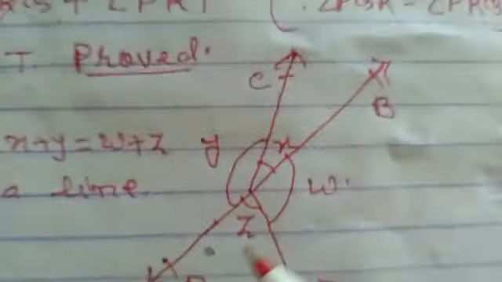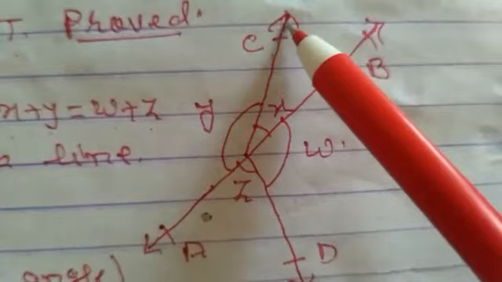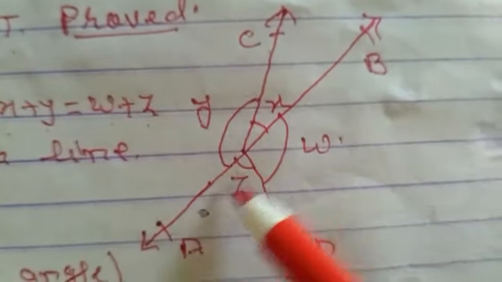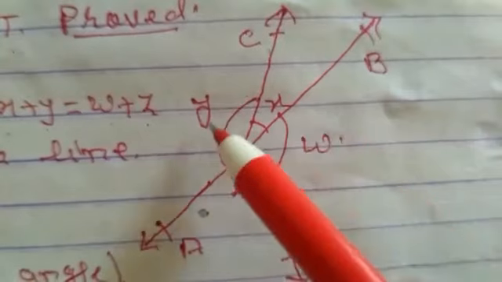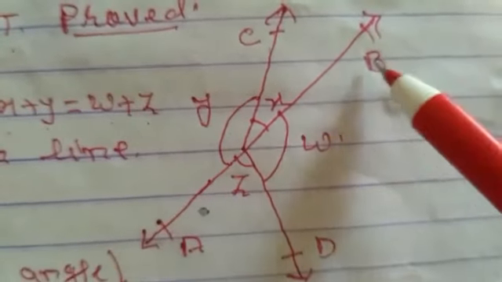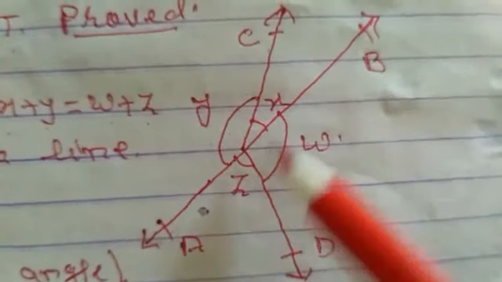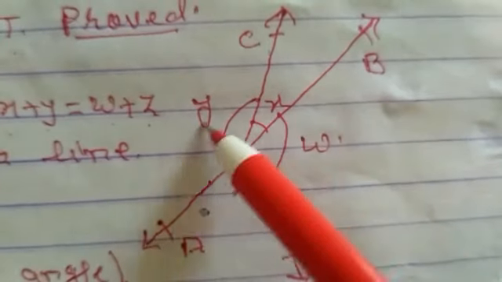Now this is the figure. Look at the figure first. AOB is a straight line on which line C meets at AB and makes angles x and y.